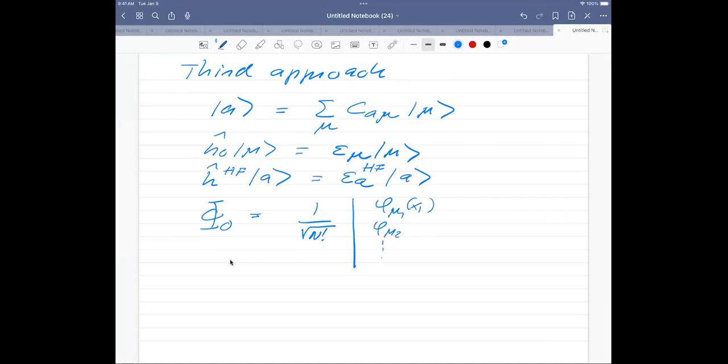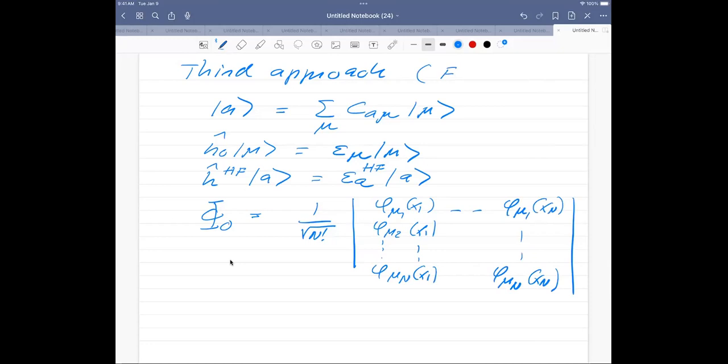These are all the different states which we can have, and then mu_n, the states below the Fermi level, which are being filled by the different fermions which we have. And then we would have phi of mu_1 of x_n, and this goes all the way down to phi of mu_n of x_n here. So this is also relevant for the exercise for this week.